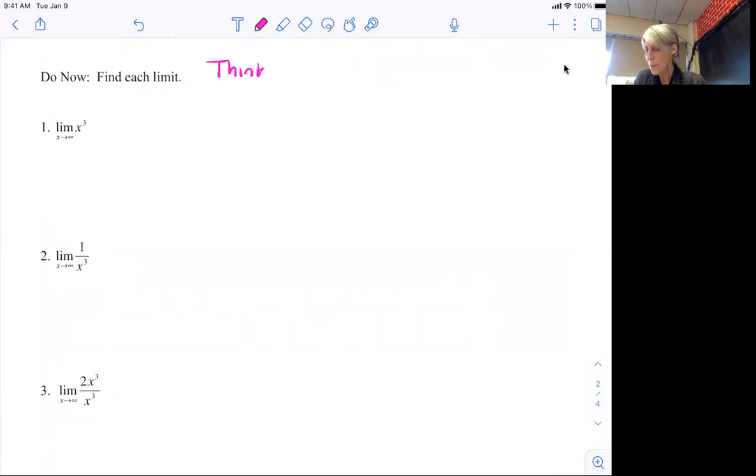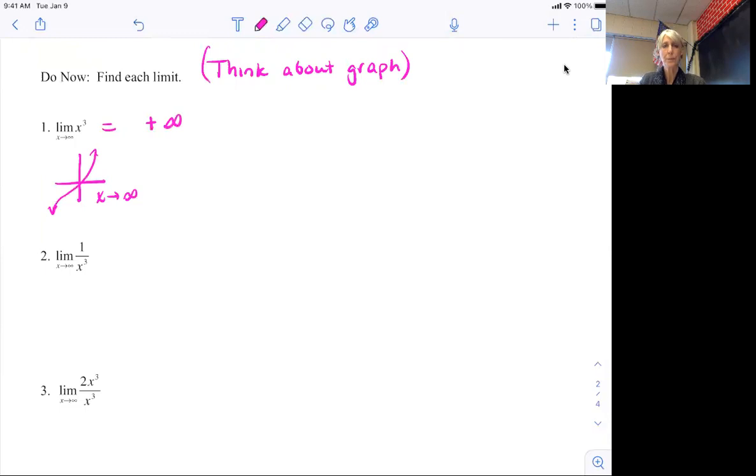Can you picture this graph in your head? In these examples, we're just going to think about it. What is x cubed? X cubed is our snaky guy, right? If we were to plug this in our calculator, that's our x cubed function. And as x goes to infinity, what's happening to my y values? They're also going to infinity.